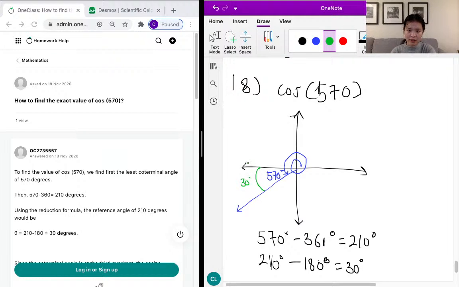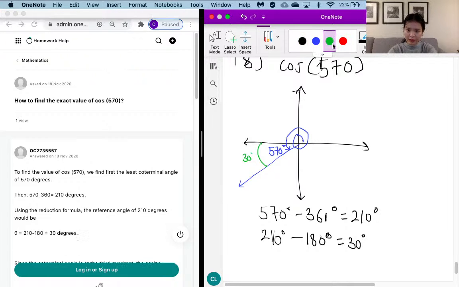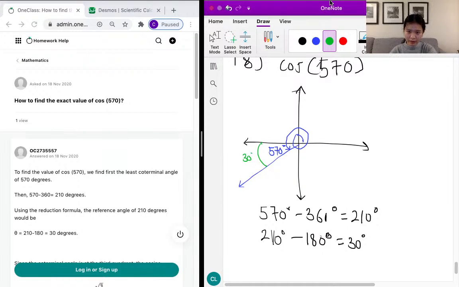All right, so our reference angle is actually just 30 degrees. Let's use green for the reference angle.